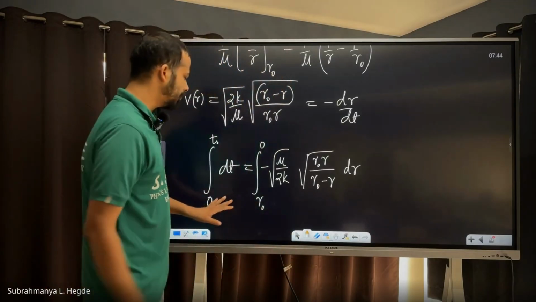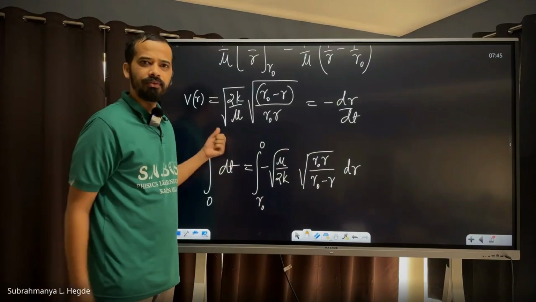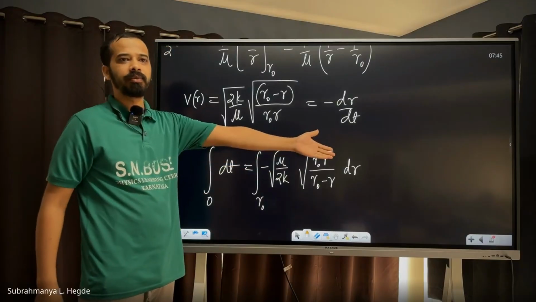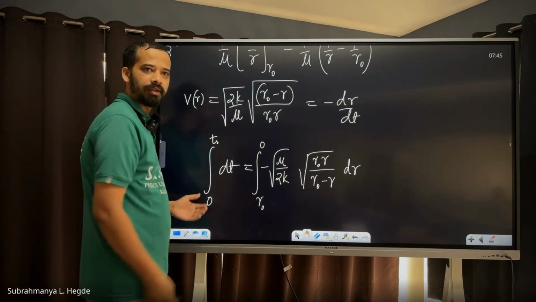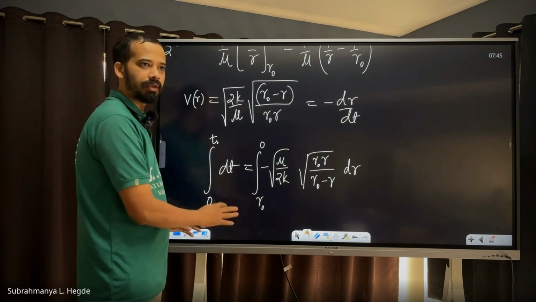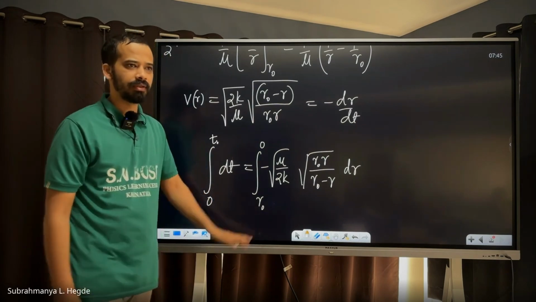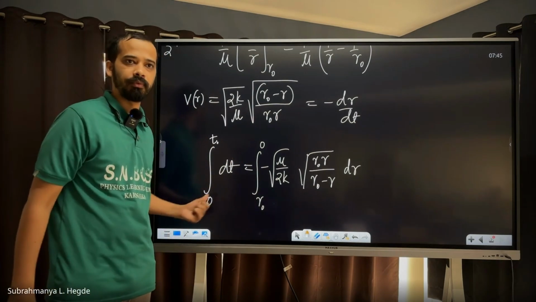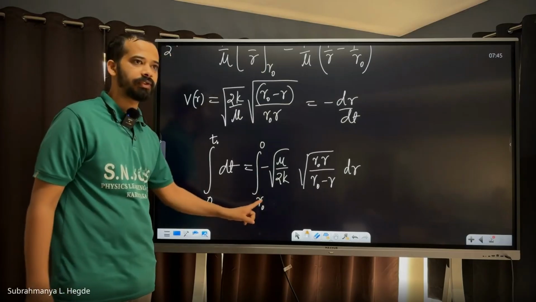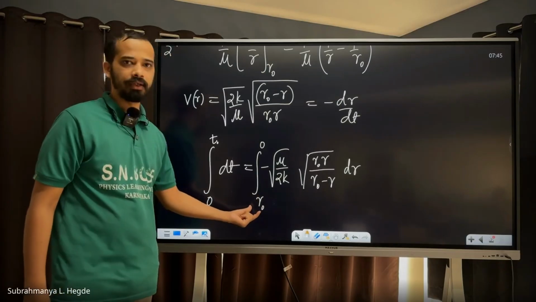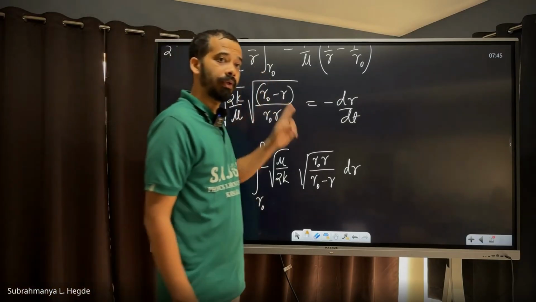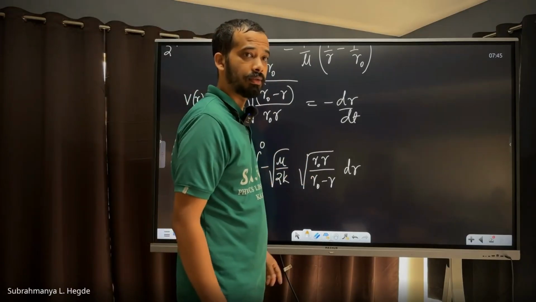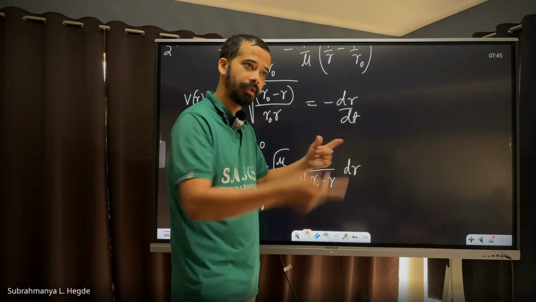I don't do an indefinite integral, keeping the integration constant and then applying the boundary or initial condition. That's not required. While defining the integral itself, you keep everything. This itself contains the initial condition: at t equal to 0, r equal to r naught. That r naught is our circular orbit radius, because they stopped from their circular orbiting.